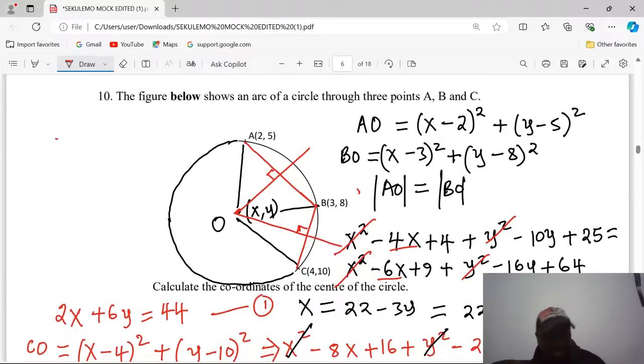So if we get equation of the perpendicular bisector of the first chord, equation of the perpendicular bisector of the other chord, we can use those two equations to find the point of their intersection. And where they will be intersecting will be the center of the circle, because they must both pass there.